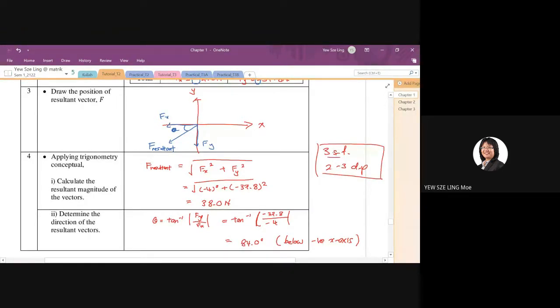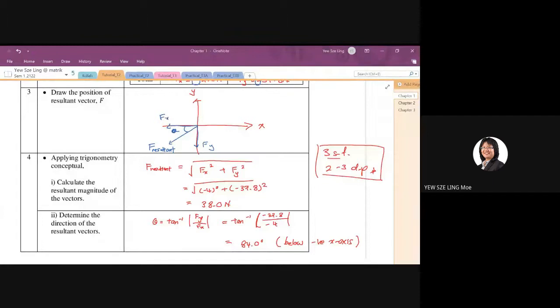So either 3 significant figures or 2 to 3 decimal places. Most of the time, to make it easier for students, we accept up to 2 to 3 decimal places. We check decimal places rather than significant figures in the final exam. All right, so same rules. I give you 2 minutes to write down the answer. If you have any questions, you may ask.